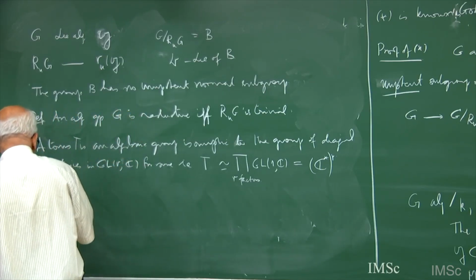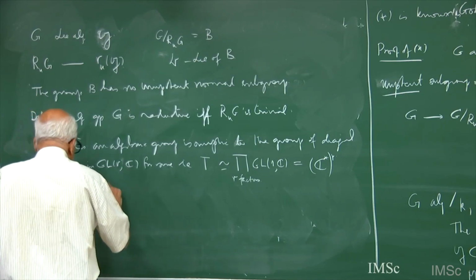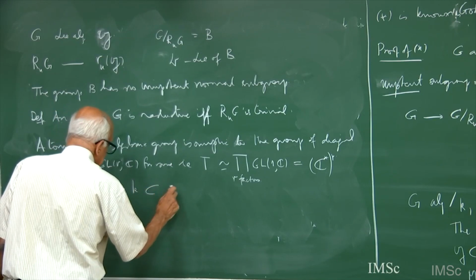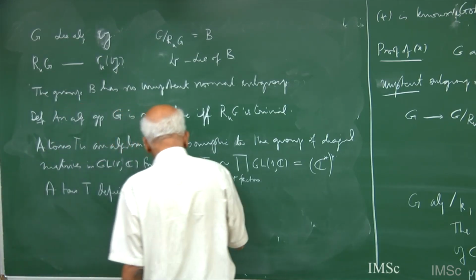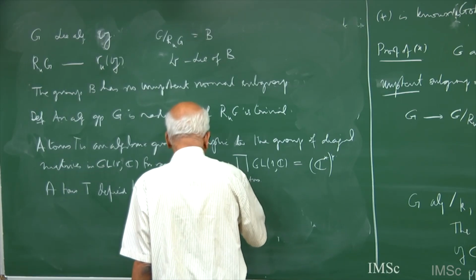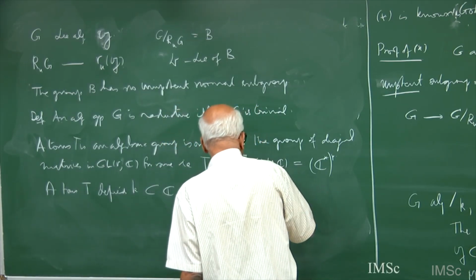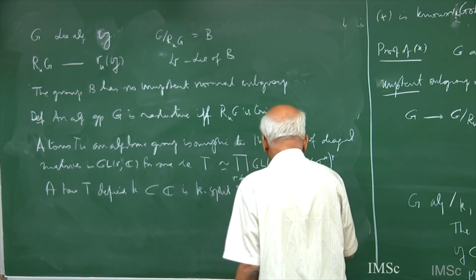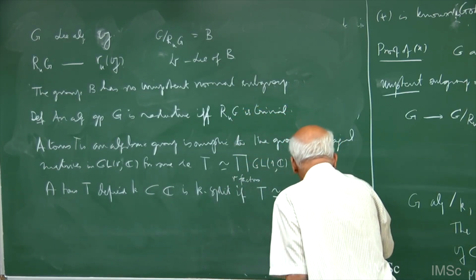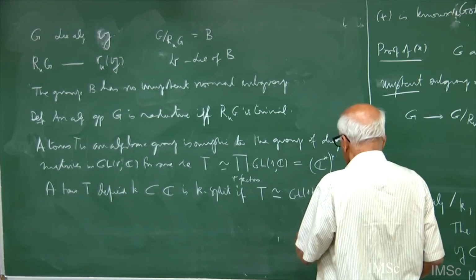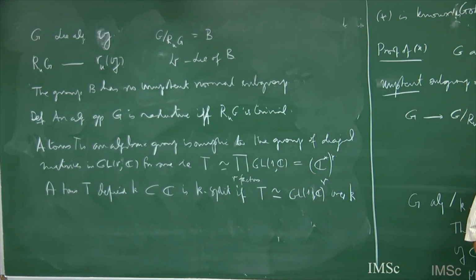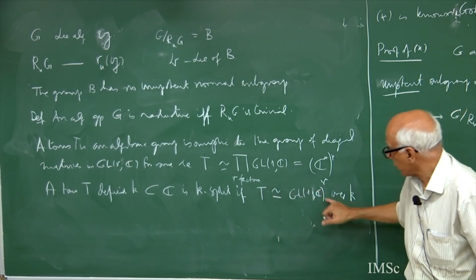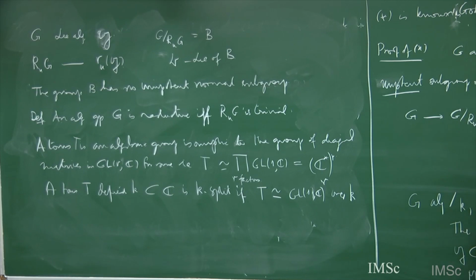A torus T defined over the field K in C is K split if T is isomorphic with GL1 C to the R over K. This GL1 C to the R has a natural structure of an algebraic group over K, in fact over Q itself, if you like, and therefore over every field containing Q. If T is isomorphic to this over K, then you call T a K split torus.